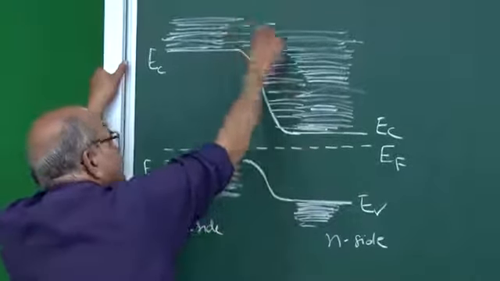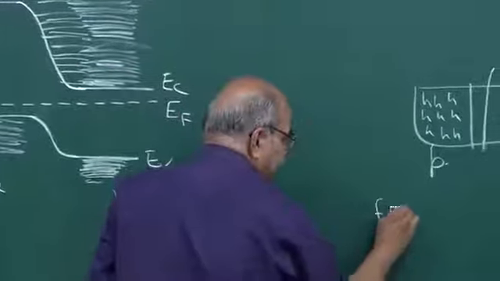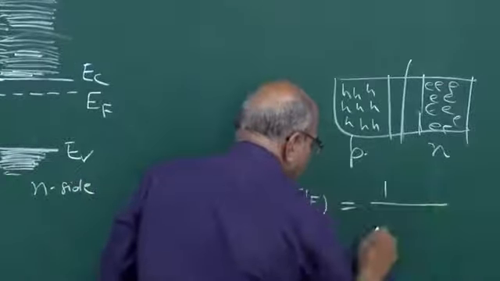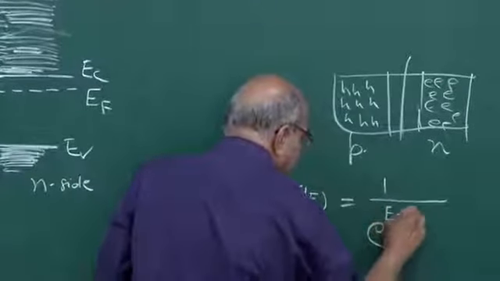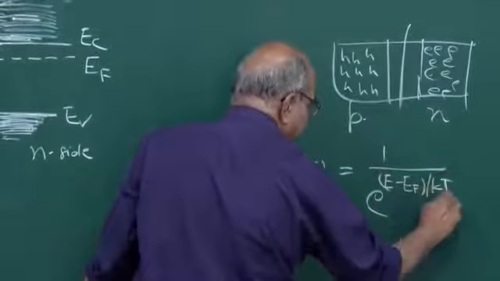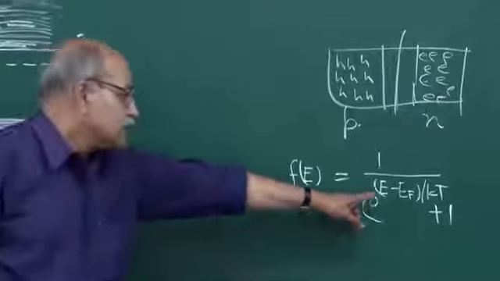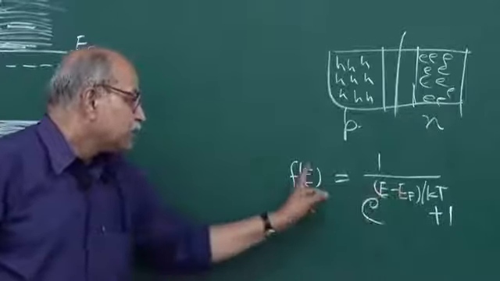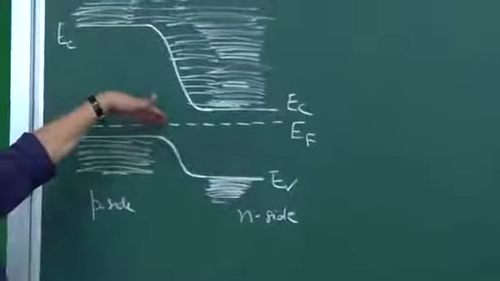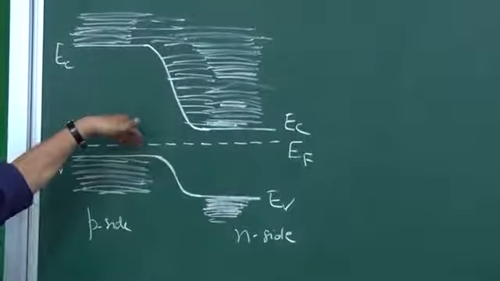This tells you that you have a Fermi function, Fe, which is 1 over e to the power (E minus EF) over kT, plus 1. So, this gives me the probability. At E equal to EF, the probability is half. So, if you are right here, there is no quantum state here, but if there is a quantum state here, the probability would be half.